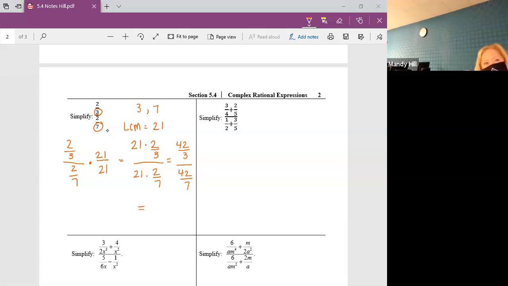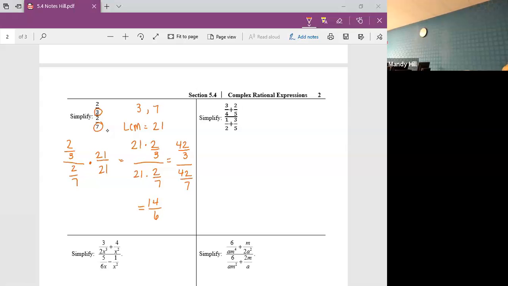And then we're going to say, can we reduce this? Well, 42 divided by 3 comes out to be 14, I think? I'm going to check that in just a minute. And 42 divided by 7 is 6. So yes, we absolutely could reduce that.